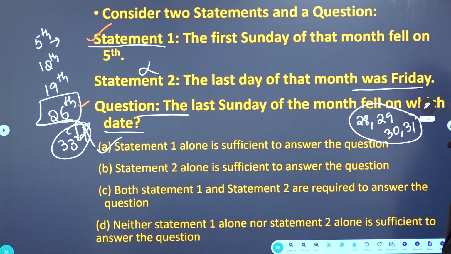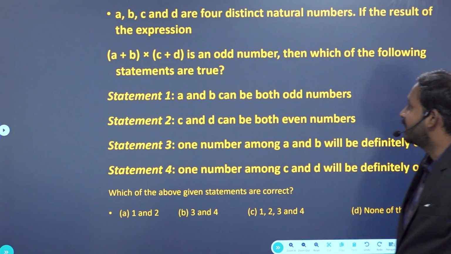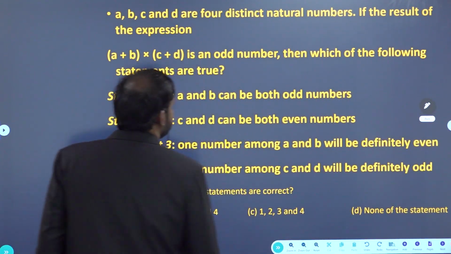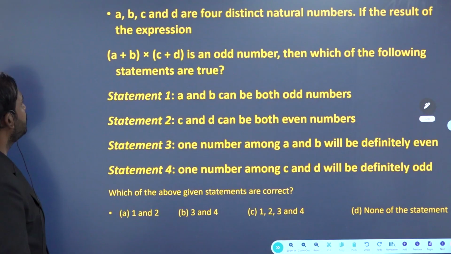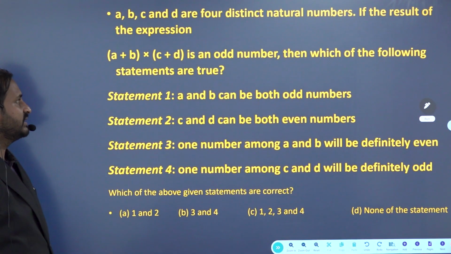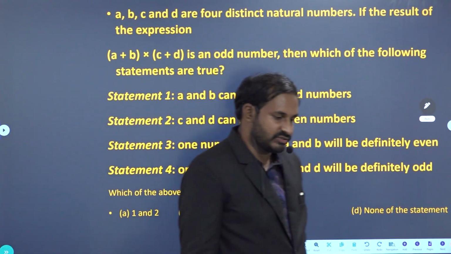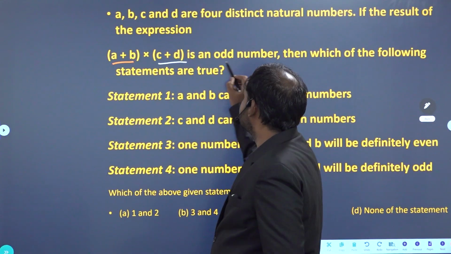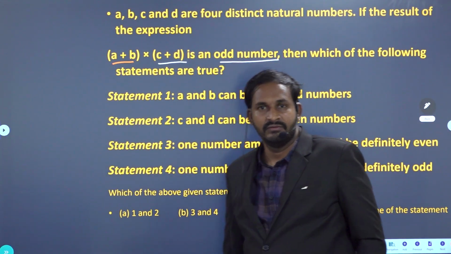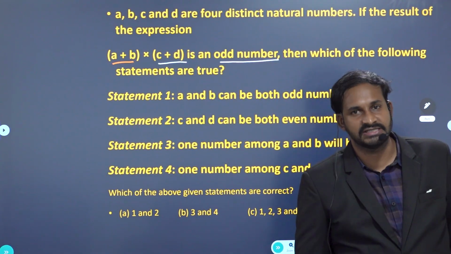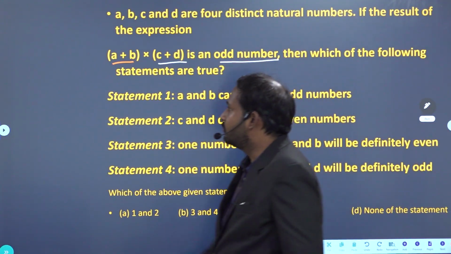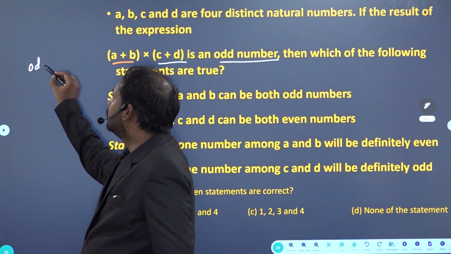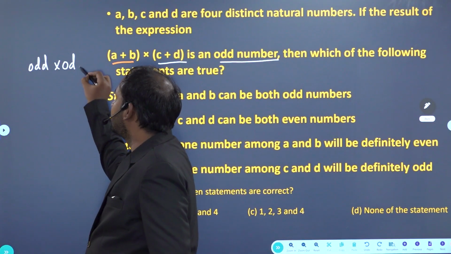Okay, right. Next one. A, B, C and D are 4 distinct natural numbers. If the result of the expression (A plus B) into (C plus D) is an odd number, then which of the following statements are true? Now see here, students, when you get the product of 2 numbers as an odd number, it is only when you multiply an odd number with an odd number.